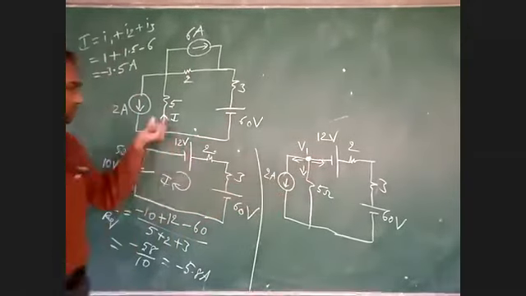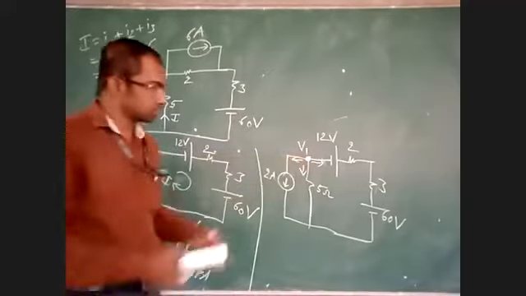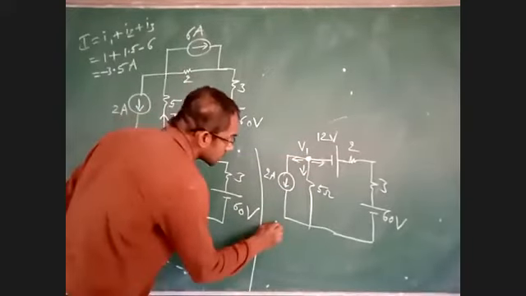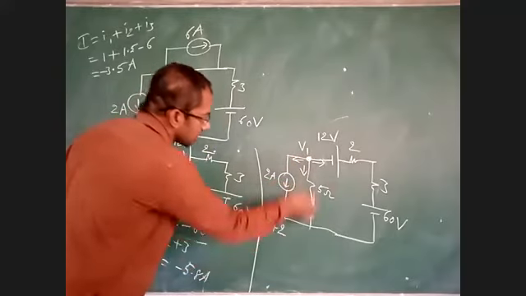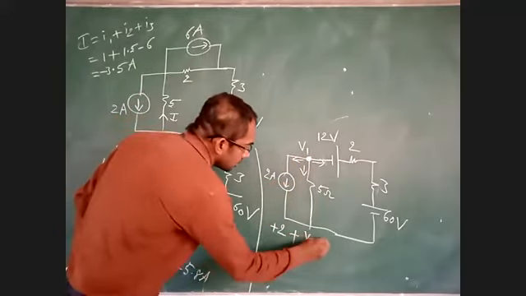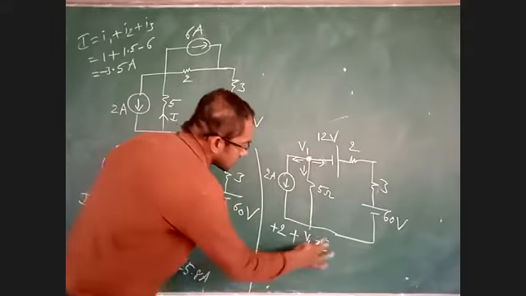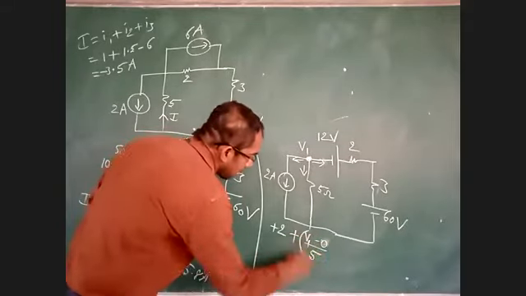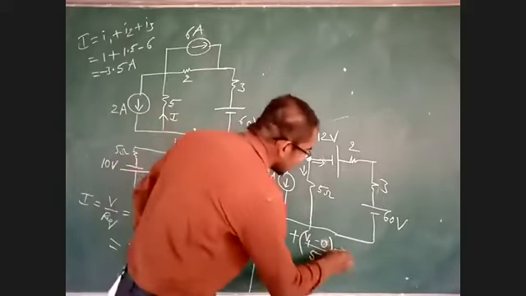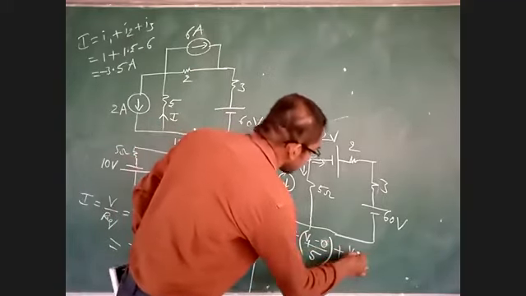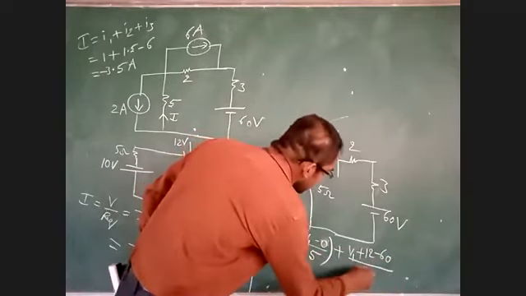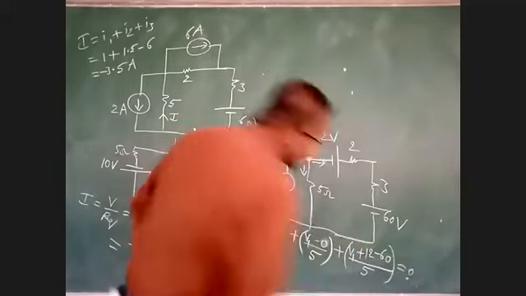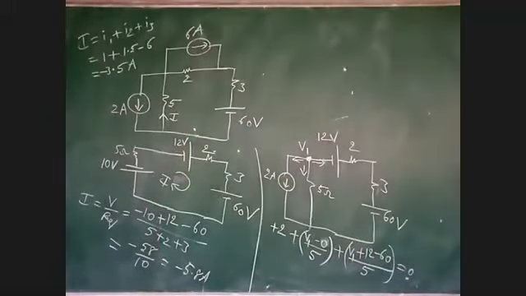I am not disturbing this 5 ohms. In node analysis, one node is here. Current is leaving here, and this is also leaving: plus 2, plus (V1 minus 0) by 5, plus (V1 plus 12 minus 60) by 5. You just calculate V1 and tell me how much you get for V1.